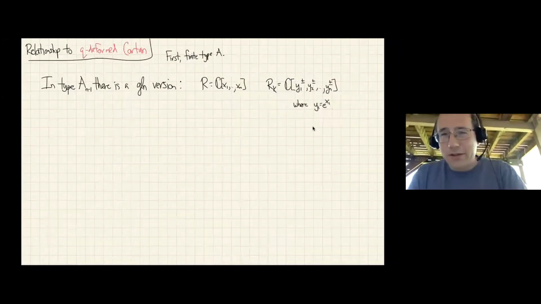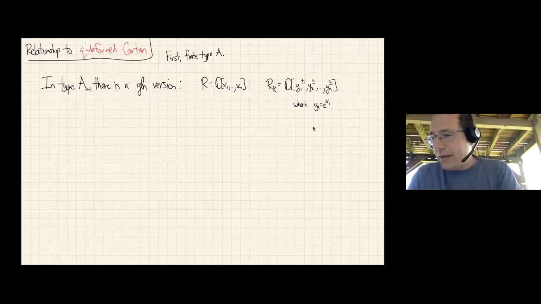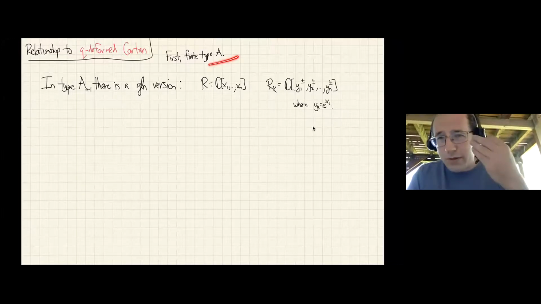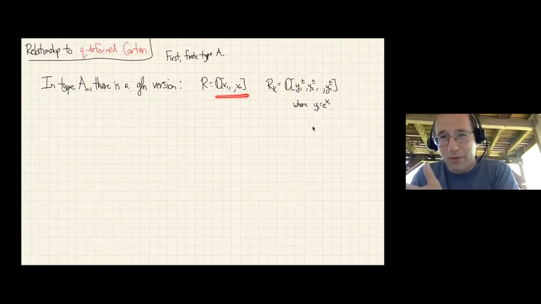So I wanted to conclude in the last minute or so by explaining the relationship to what I started the talk with, which is this Q-deformed Cartan matrix. First I'm going to start with a finite type A version of this. In type A, if you don't work with SLN, but work with GLN, something interesting happens. The normal polynomial ring is a polynomial ring in n variables permuted in the usual way.